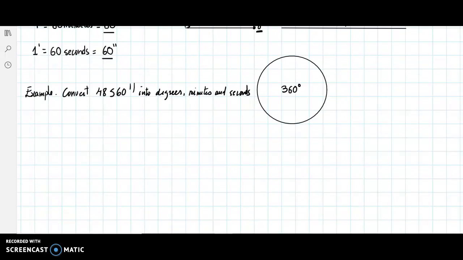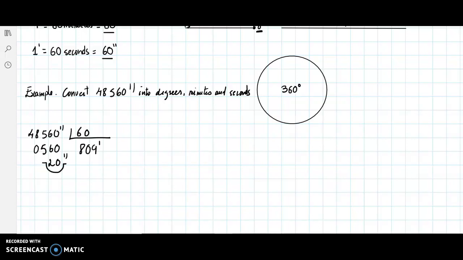So we have to write the number and start dividing by 60 in order to find the minutes. If we do the division, we get this quotient, and 20 is the remainder. The remainder is the seconds. The quotient is the minutes.